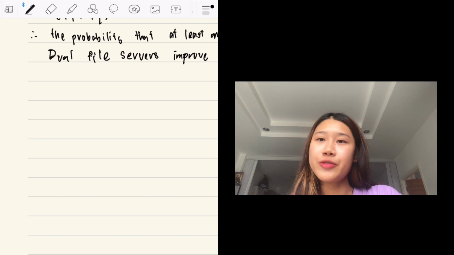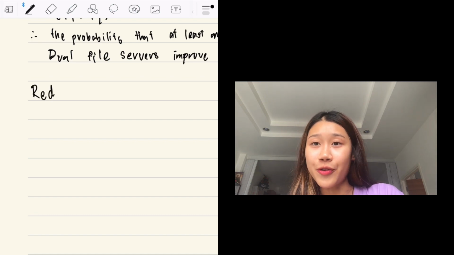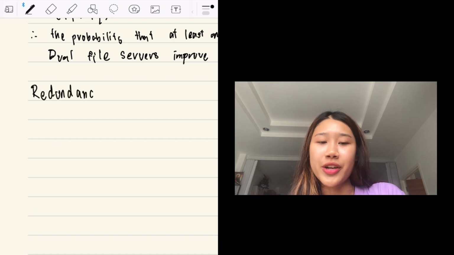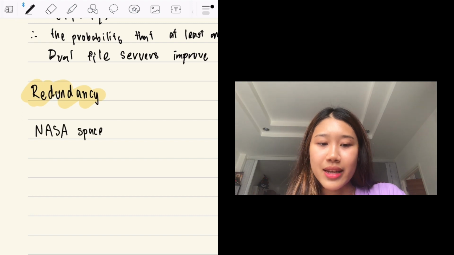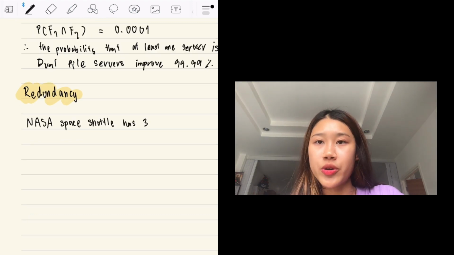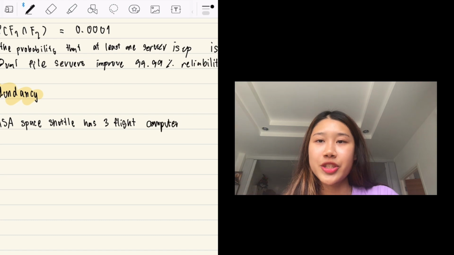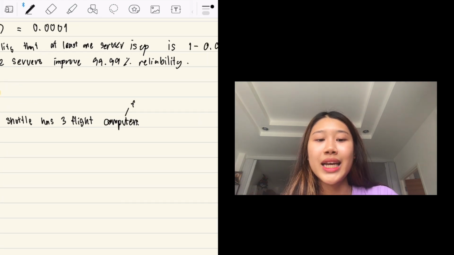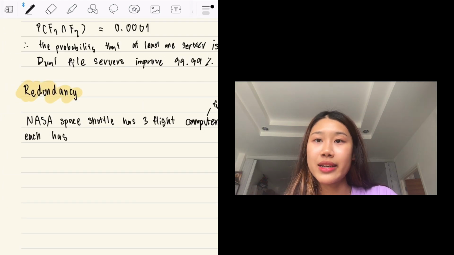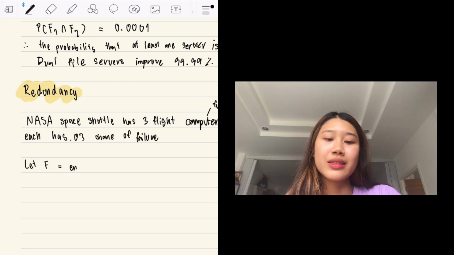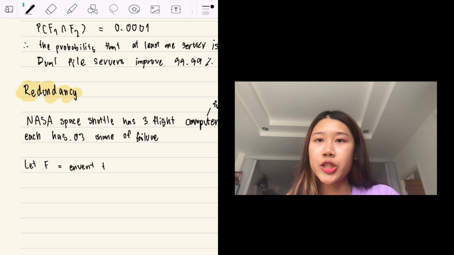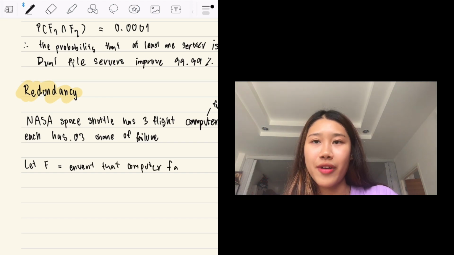I've never heard about this before, but I kept reading over it, and I saw this interesting example. It says NASA's space shuttle has 3 flight computers. Their functions are independent, and each computer has a 0.03 chance of failure. Let F be the event that a computer fails. Let's find the probability that all 3 fail.